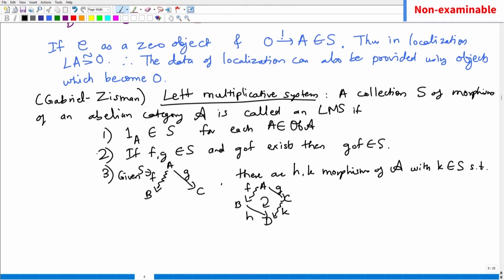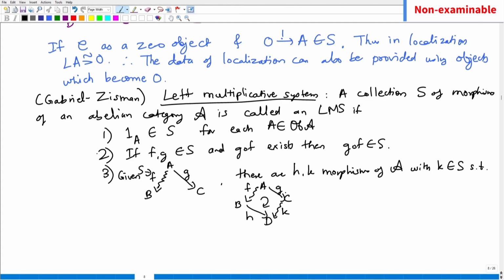So what exactly are we saying? kg is equal to hf. If you try to read it in a different way, f inverse g is the same as h k inverse.